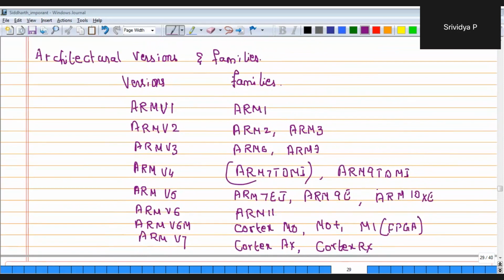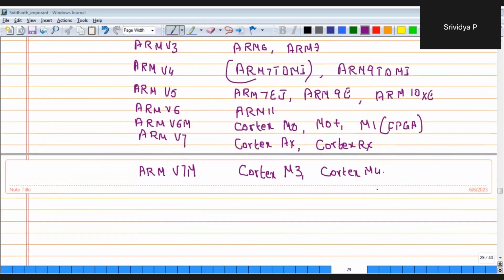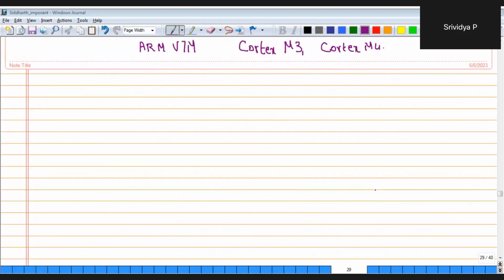So these are the versions and families of ARM processors. Now let's go on to ARM processor division based on its performance.